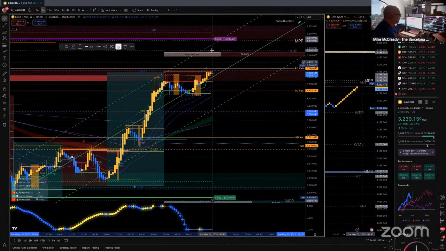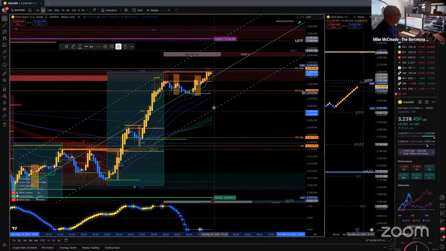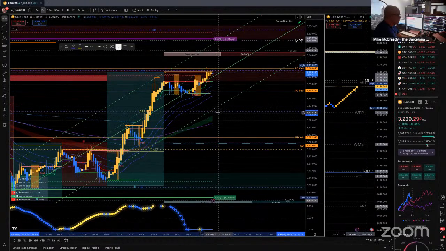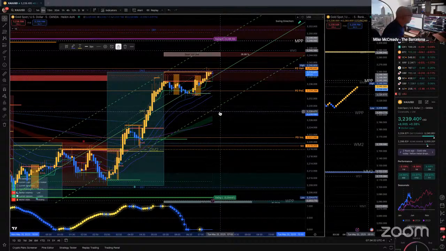So going up, it doesn't look great. And coming down, it doesn't even look great until we get below this line right here, which is the daily pivot point. So maybe not looking to trade much here on futures and gold, which is pretty much at price parity.